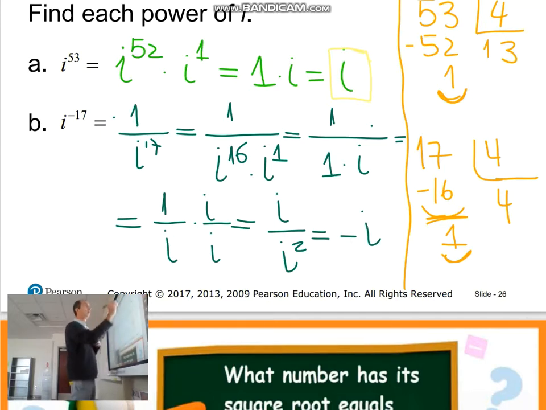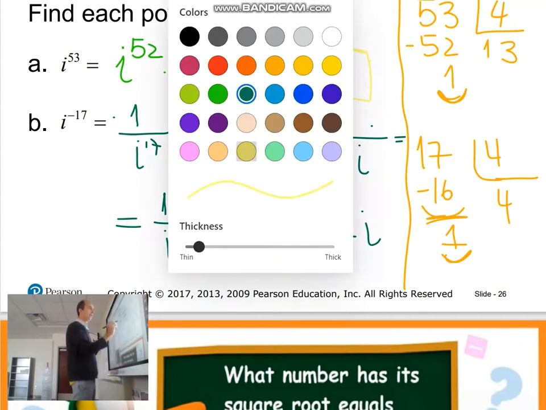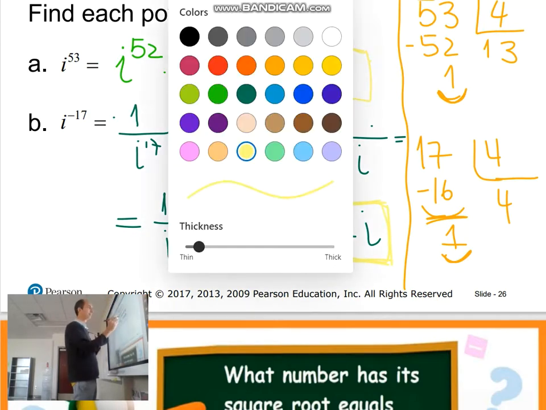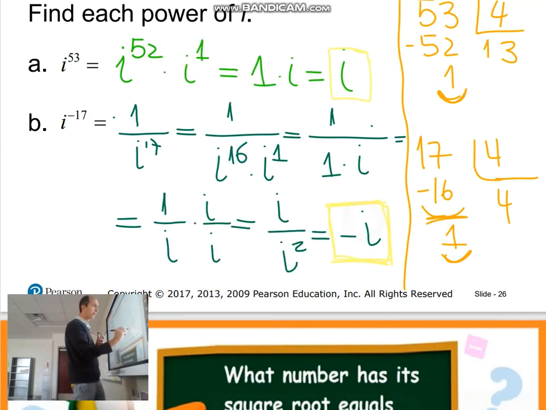And I know this is a new thing. This imaginary number is something that maybe you've never seen before. Maybe it looks a little bit confusing and a little bit complicated at the very beginning, but after you practice a little bit, you're going to see it's not too hard. It's just a matter of understanding that this i is the imaginary unit.